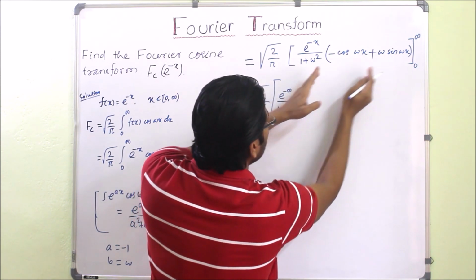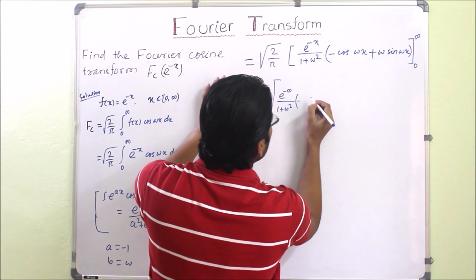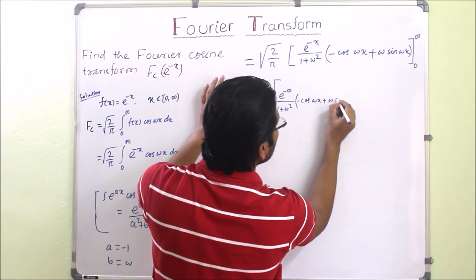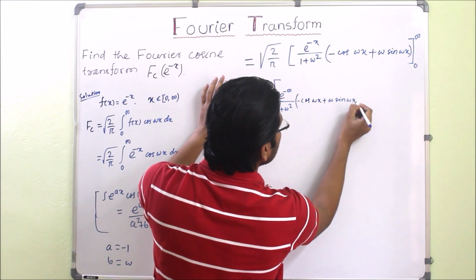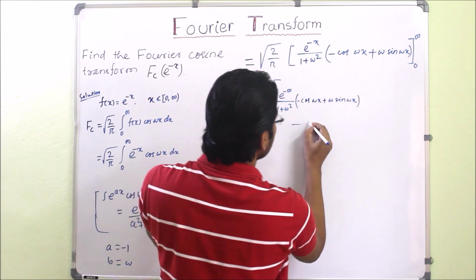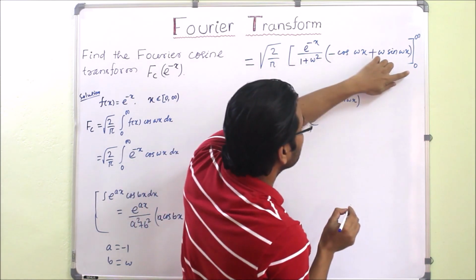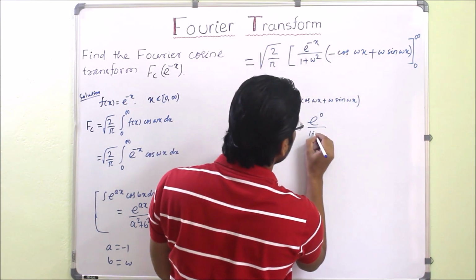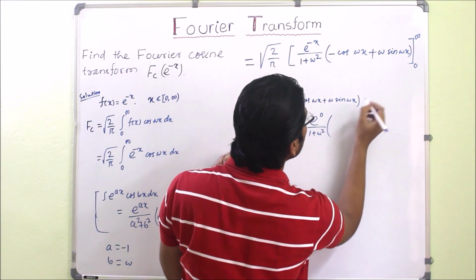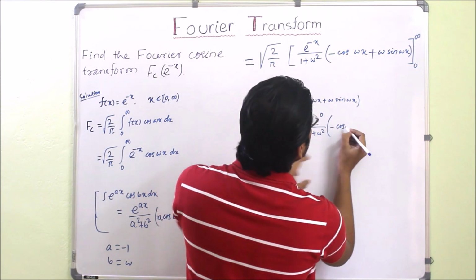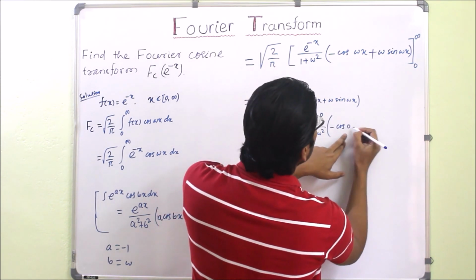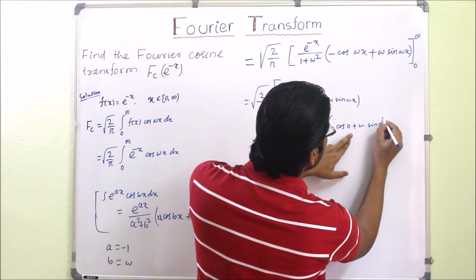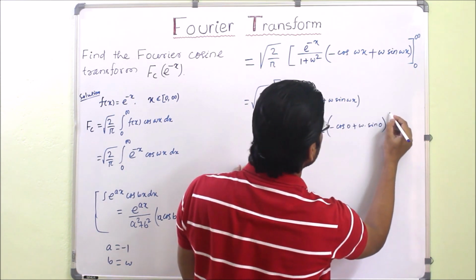Inside the bracket keep it the same: minus cos wx plus w sin wx, minus e to the power 0 by 1 plus w square, whole into minus cos 0 plus w into sin 0.